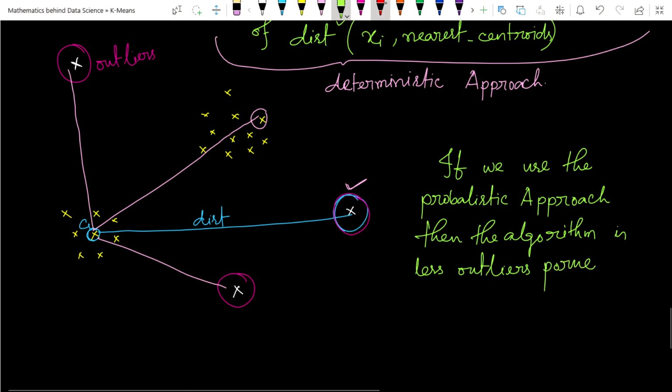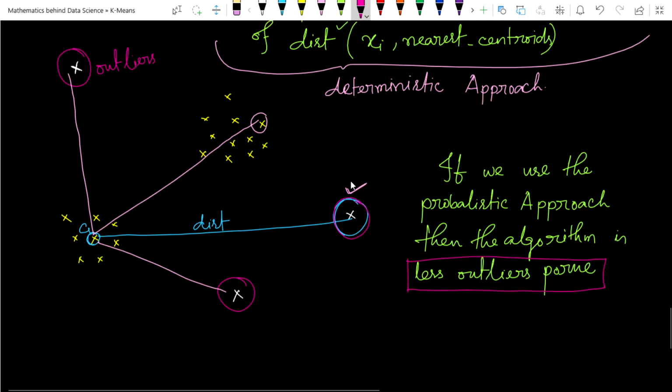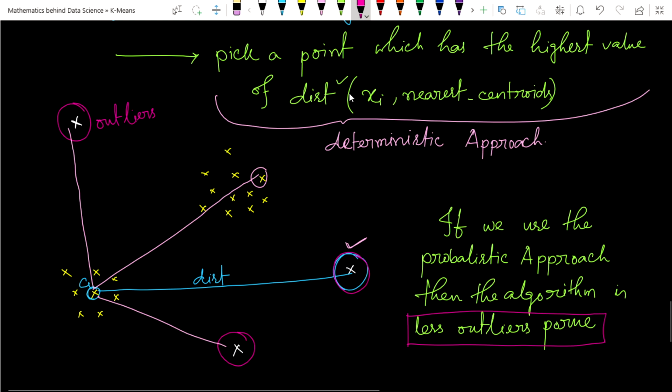But simply using the deterministic approach, it is more outlier prone.